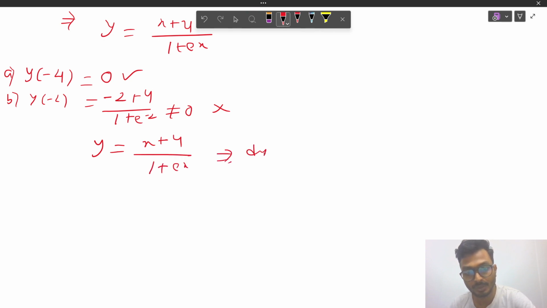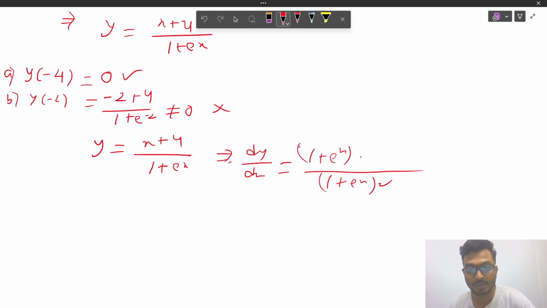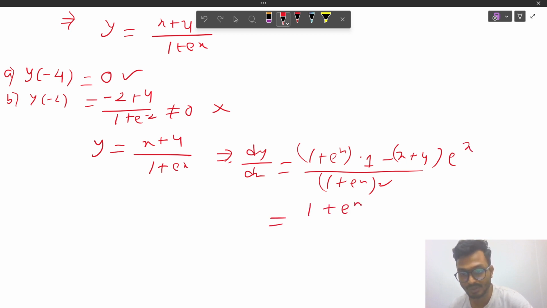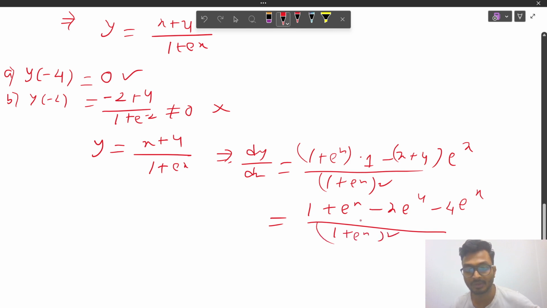So what will be dy/dx? dy/dx will be [(1 + e^x) times the derivative of the numerator, 1, minus (x + 4) times the derivative of the denominator, e^x] over (1 + e^x) whole square, which equals [1 + e^x - x e^x - 4 e^x]/(1 + e^x)^2, right?